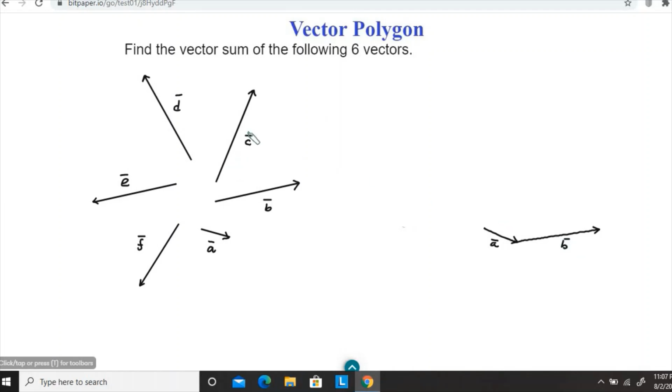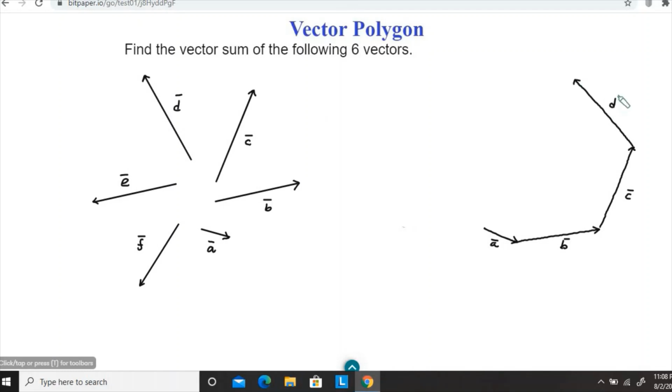And then we'll slide vector C in place. So it will be like that. So that's vector C. And then joining the head of vector C would be the tail of vector D, which is in this direction.